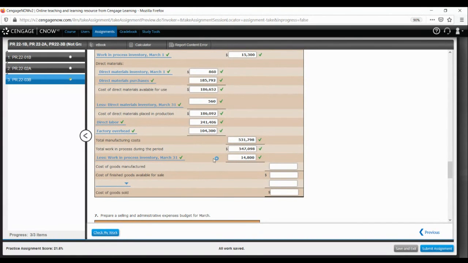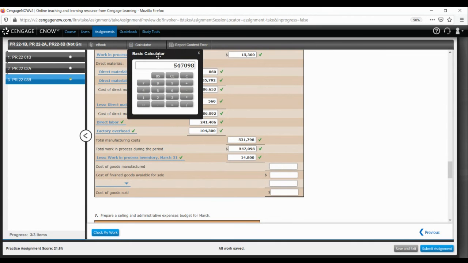Once you've subtracted your ending work in process inventory from your total work in process, that'll give you the cost of the goods manufactured. You might remember from chapter 18 that we did a separate cost of goods manufactured.